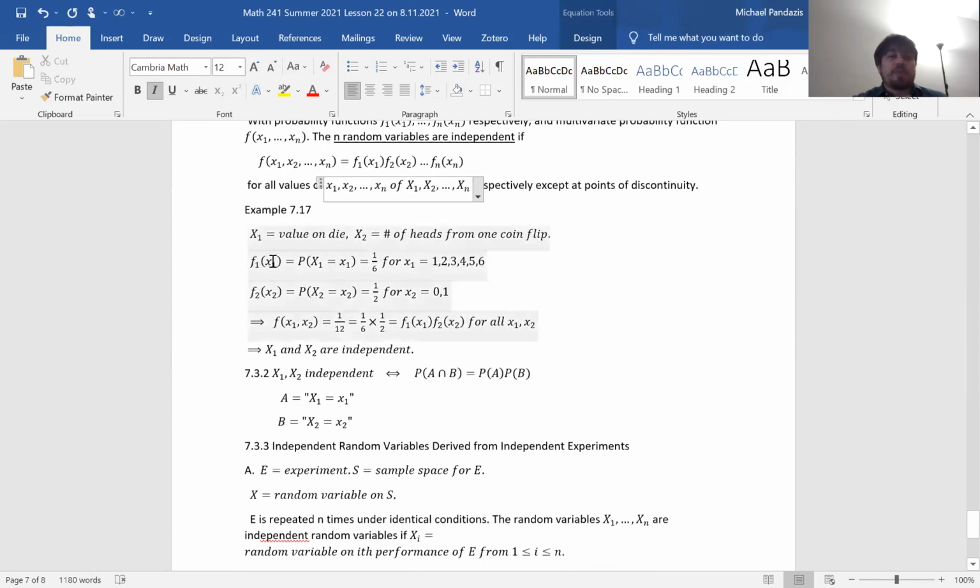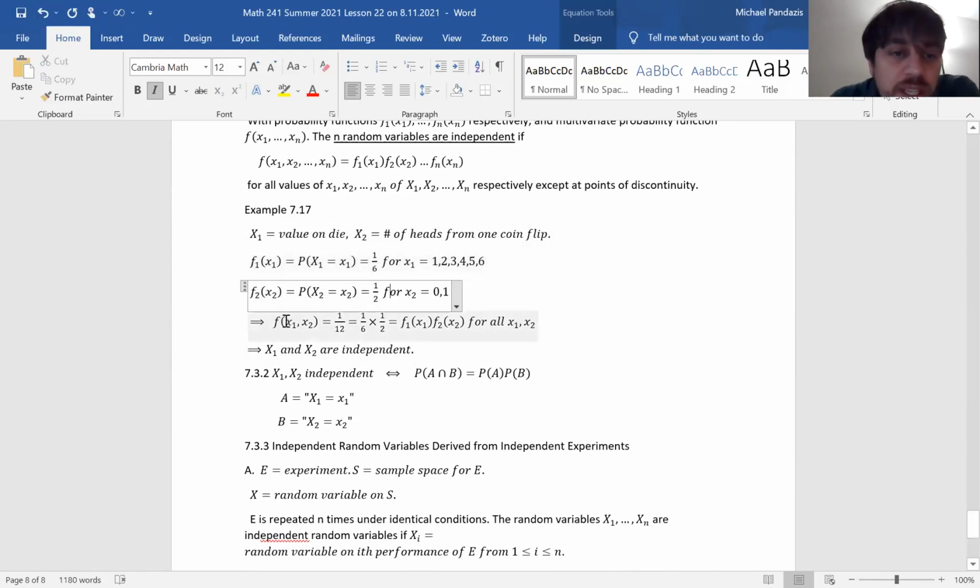So f sub 1 of x1 is the PDF for the first random variable, and f sub 2 is the PDF for the second random variable. That's the probability X2 equals x2, and that's 1/2, because the probability of 1 head is 1/2, and the probability of 0 heads is 1/2. There's only two choices, heads or tails.